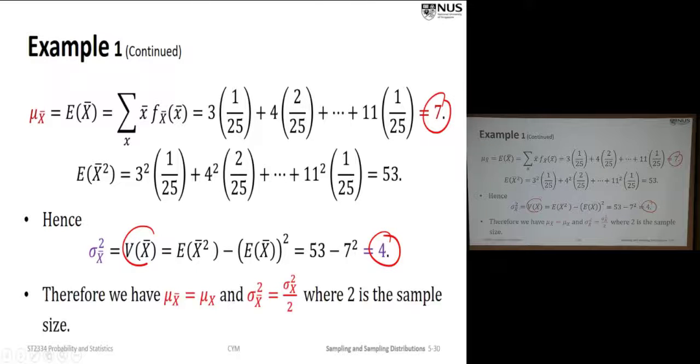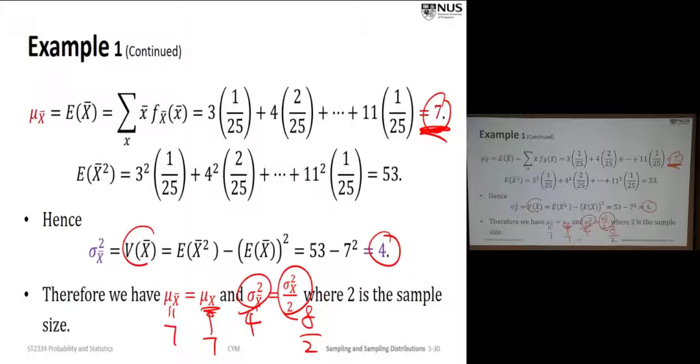Then I notice that this is equal to 7 here, and we showed that this is also 7. This one is 4, and this one is 8 over 2. And what is 2? 2 happens to be the sample size.